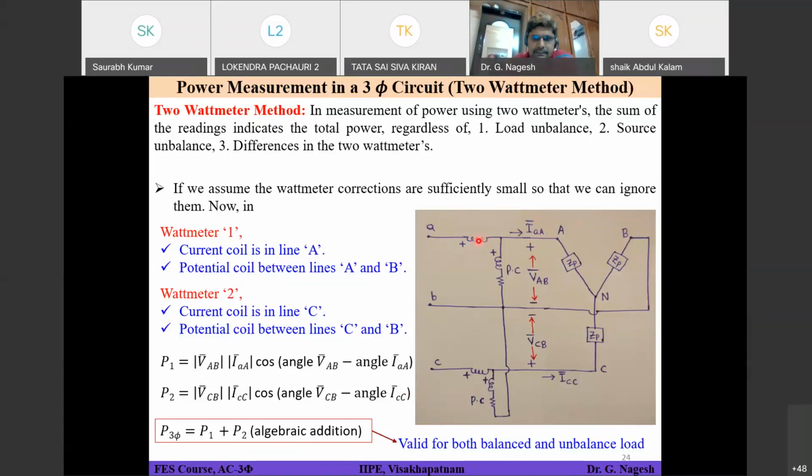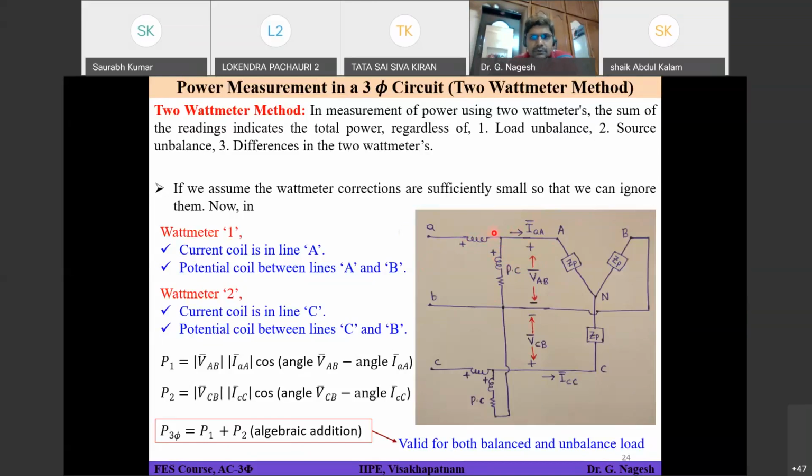See, when the wattmeter gives some deflection, on what principle is it working? It is working on the principle of magnetic forces, that is, the magnetic fields created by the current coil and the potential coil. The current coil creates one magnetic field and the potential coil creates another. The interaction of these two gives you a deflection on your needle.